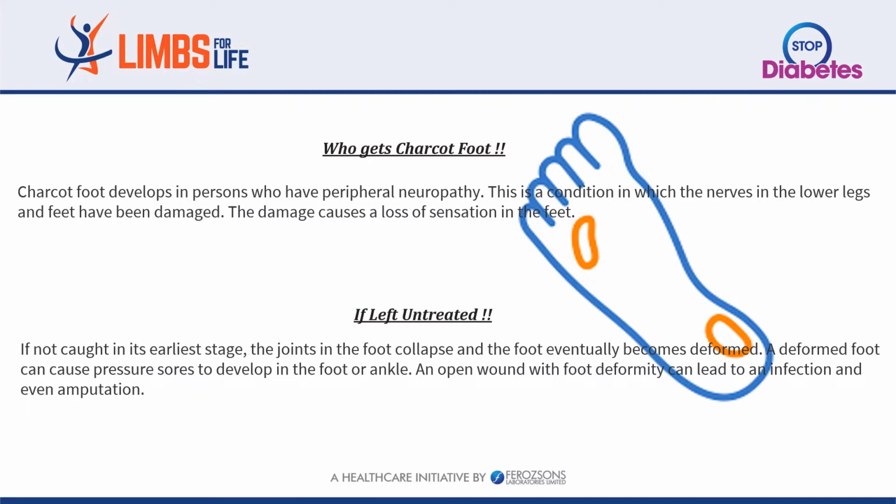If not caught in its earlier stage, the joints in the foot collapse and the foot eventually becomes deformed. A deformed foot can cause pressure sores to develop in the foot or ankle. An open wound with foot deformity can lead to an infection and even amputation.